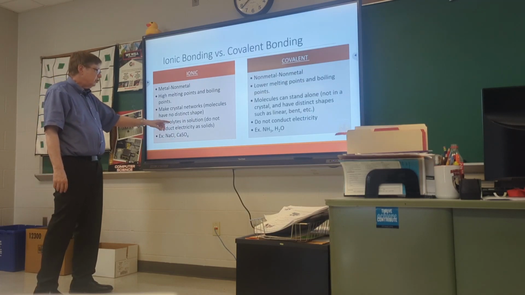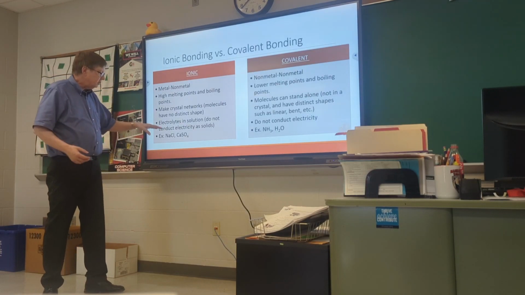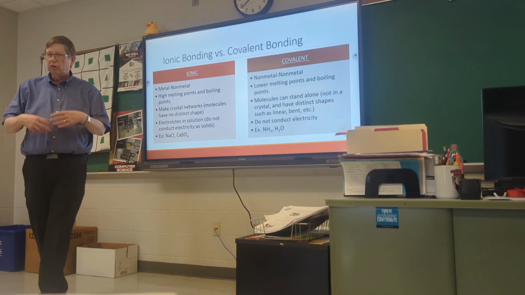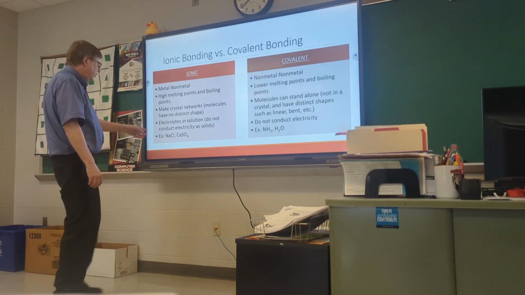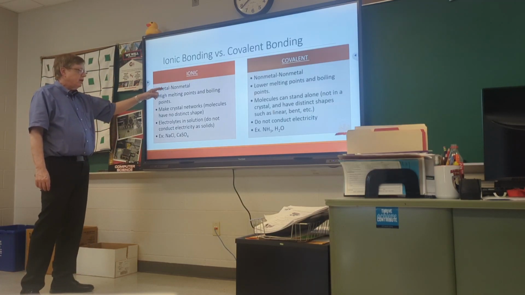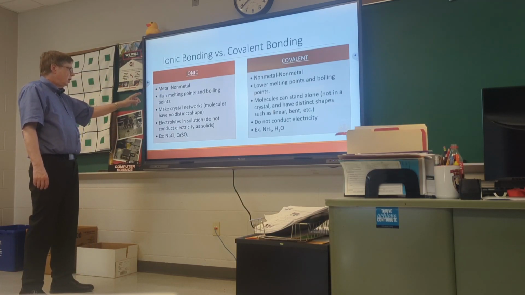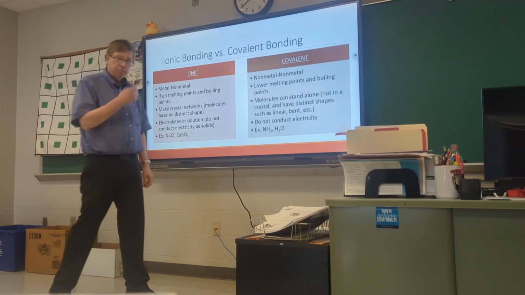And they become electrolytes in solution. They don't conduct electricity in solid form, but they do when they're in a solution. And there are examples right here. Metals and nonmetals, high melting and boiling points, make crystalline networks, are the main points there.